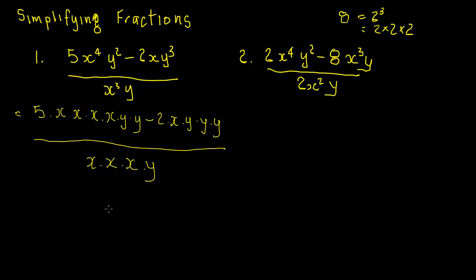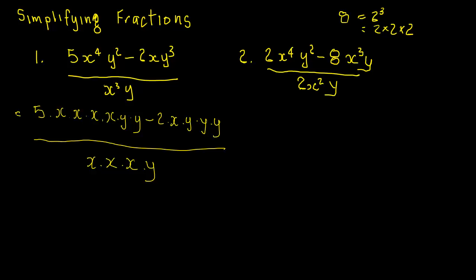Now the thing is, if we're going to cancel out terms or divide each term by something, we have to do it to both the bottom and the two top terms equally to maintain the equality of the equation. So looking here, we've got an x cubed and x to the power of 4, but we've just got the single x here, so we can really only take out one x, and at best one y. So let's work with the x's.